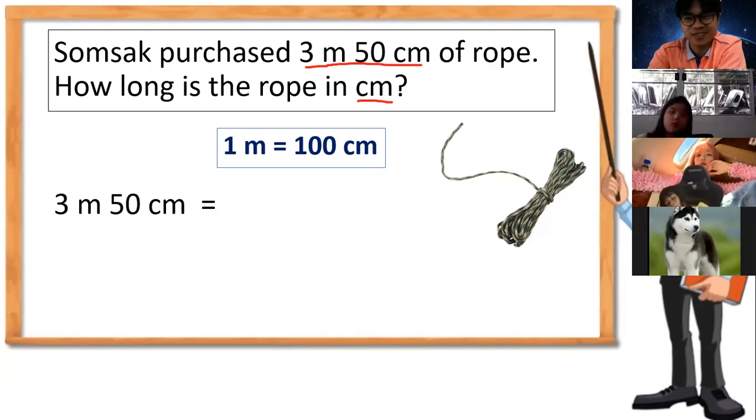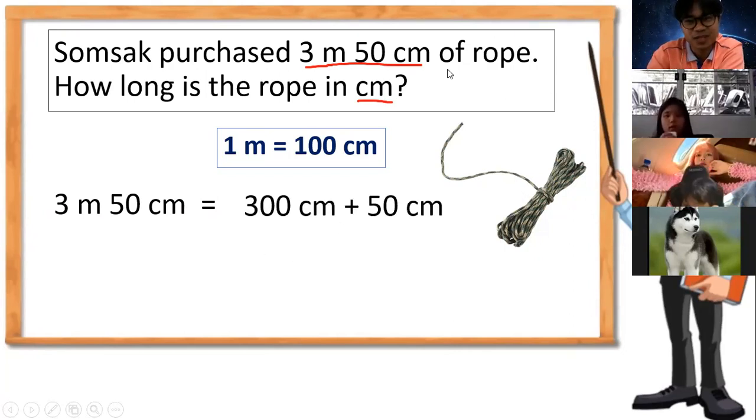You can follow. Do you have any answer there? If you are quick to solve, you can tell the answer. 3 meters and 50 centimeters. So 300, because 100. Take note, 1 meter is equivalent to 100 centimeters, and you are asked to convert into centimeters.